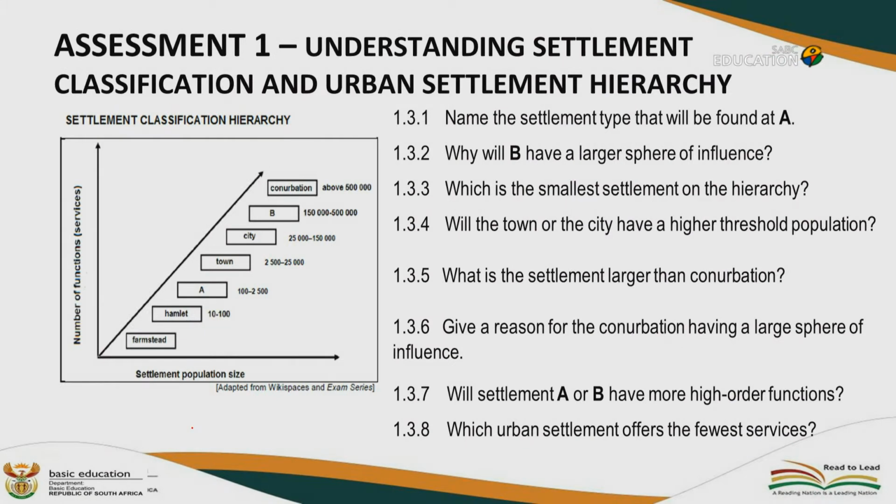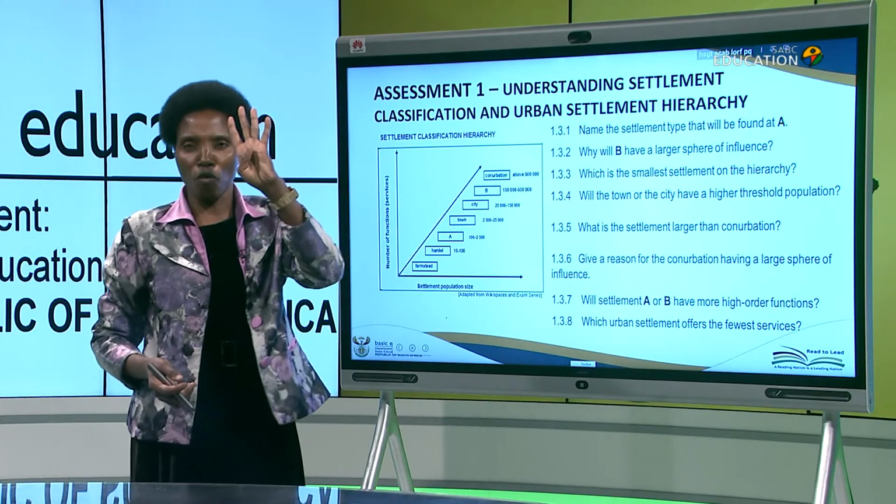Okay, let us look at the activity. It's very important, grade 12, the activity that we are having here. The question paper that you are going to do at the end of the year or even in June or September consists of 4 questions.